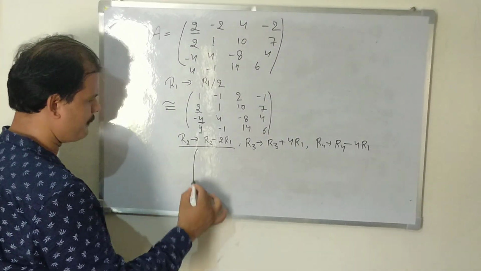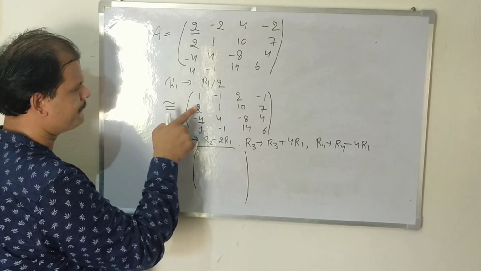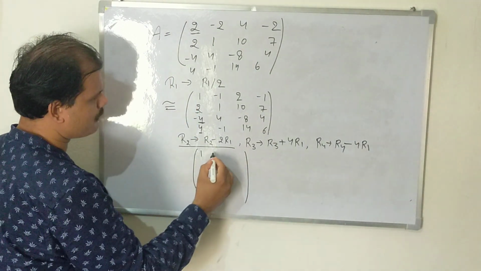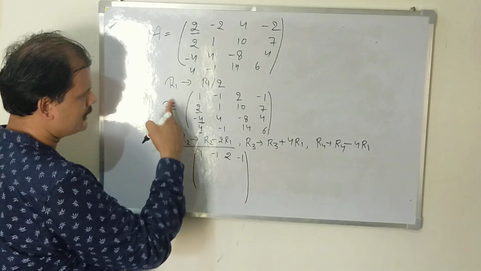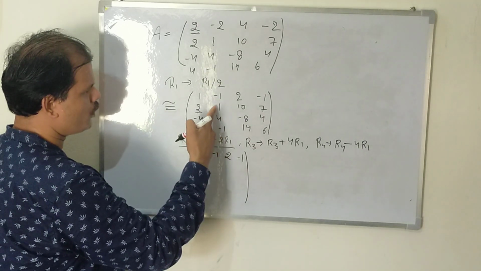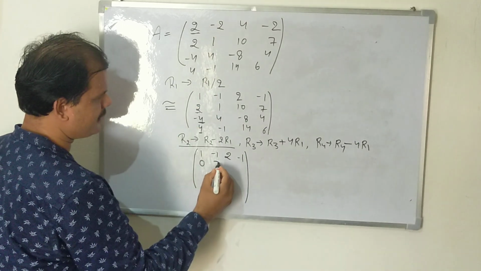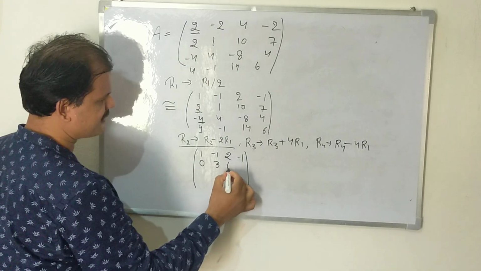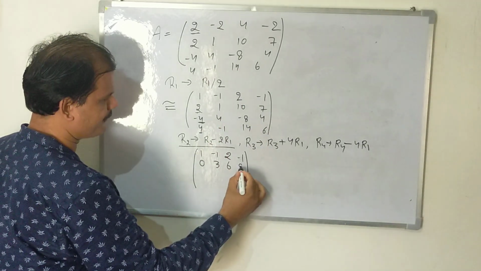Let us do them one by one and see what matrix we are getting. So first R2 replaced by R2 minus 2R1. R1 will be as it is. So this will be 2 minus 2, 0, and multiplying by 2, 1 minus, we have the plus 2, so 3 we have here, and 10 minus 4, so we have 6 here, and 7 plus 2, 9 we have.